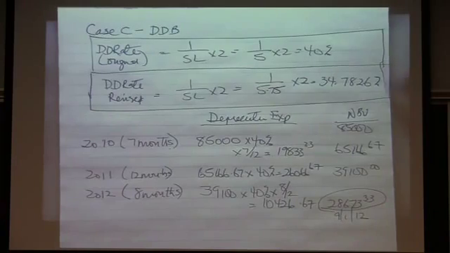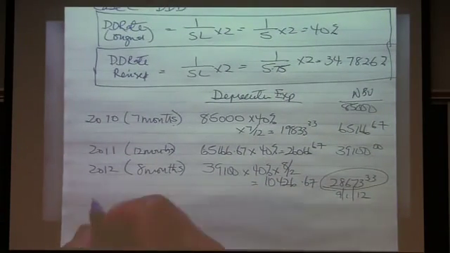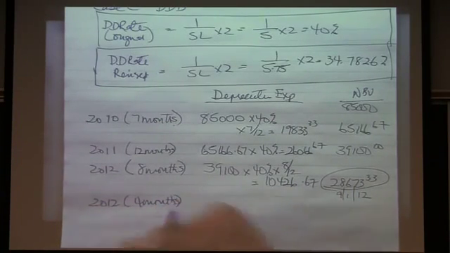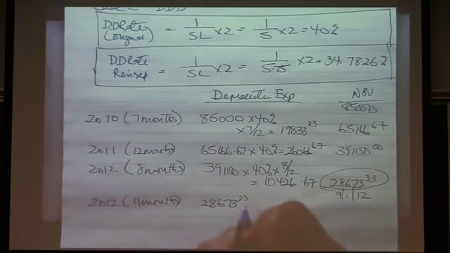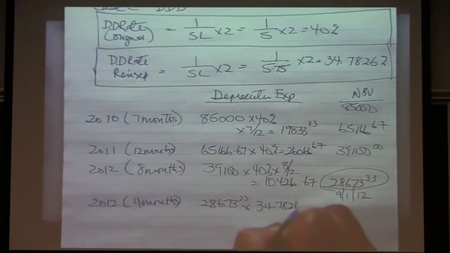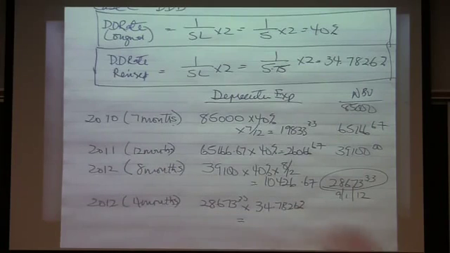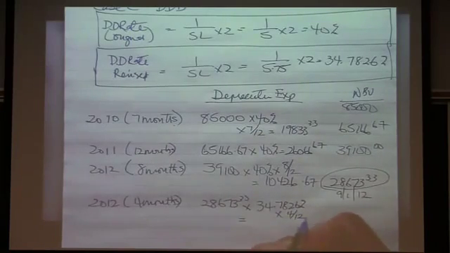Okay, and that's what we're going to use to calculate the remaining 2012 for 4 months. So we're going to take the net book value times 34.7826%, times 4 over 12, of course, because it's only 4 months, right?